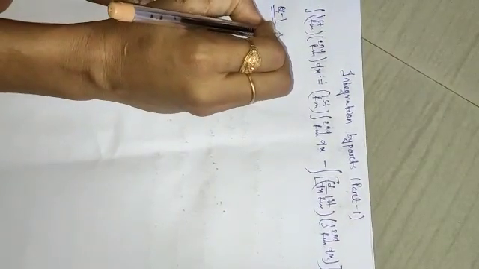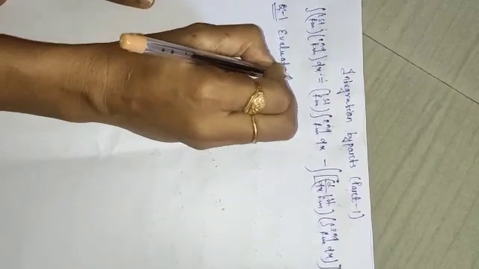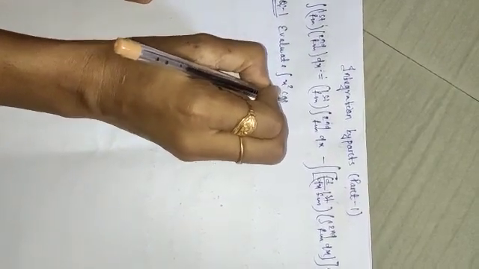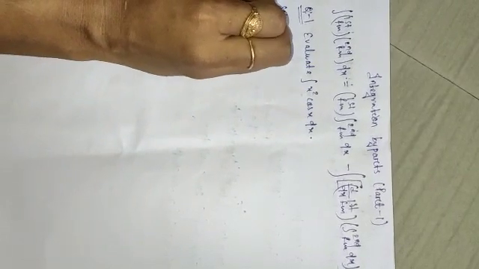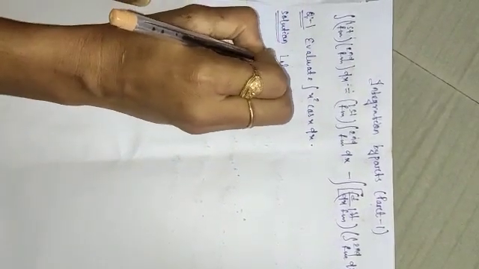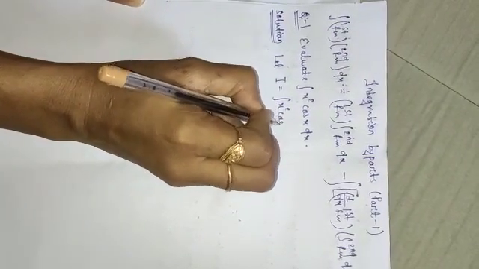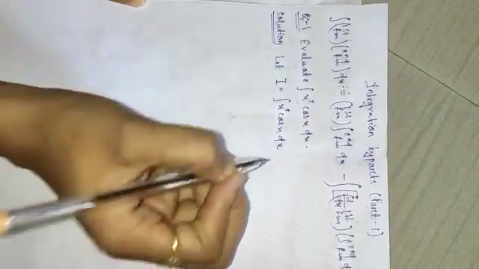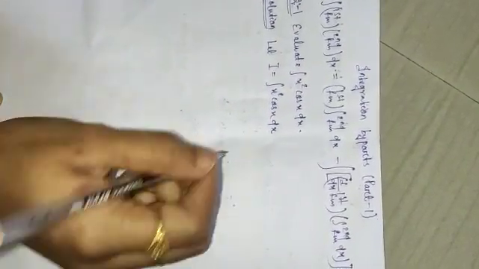Question number 1: evaluate the integration of x square cos x dx. Now comes the solution. Let I equal the integration of x square cos x dx. First you have to choose the first function and the second function.